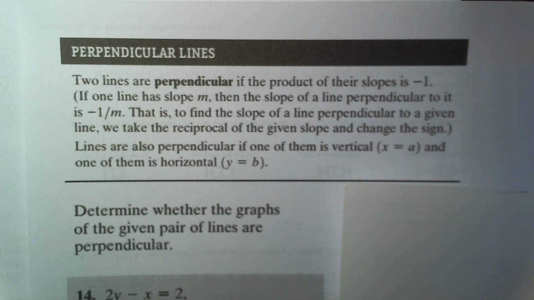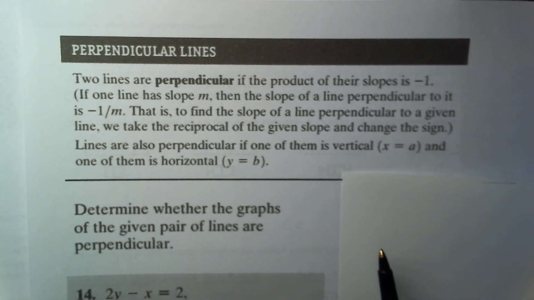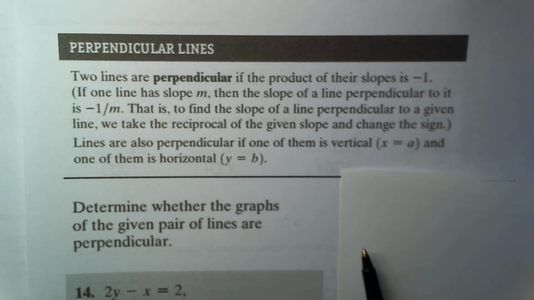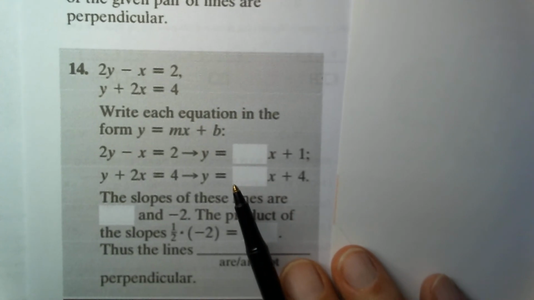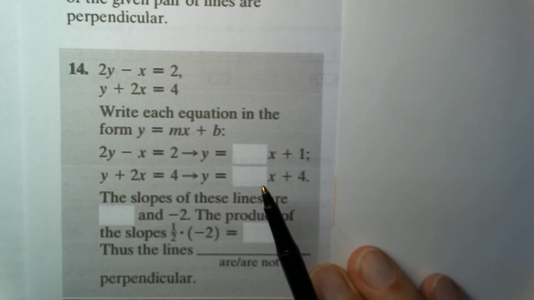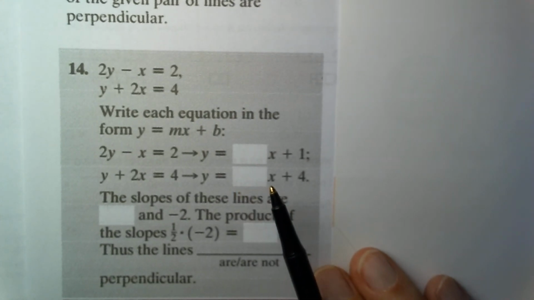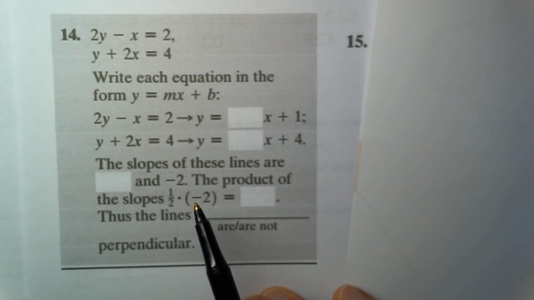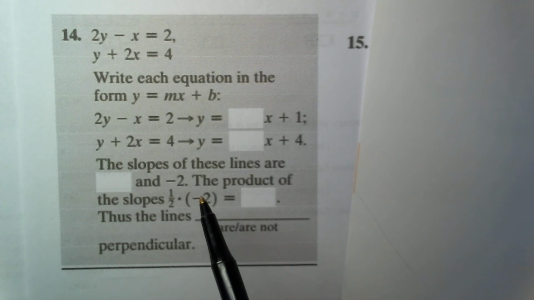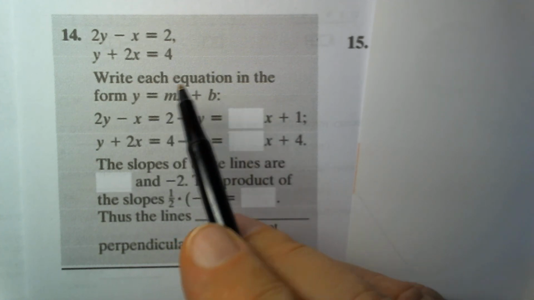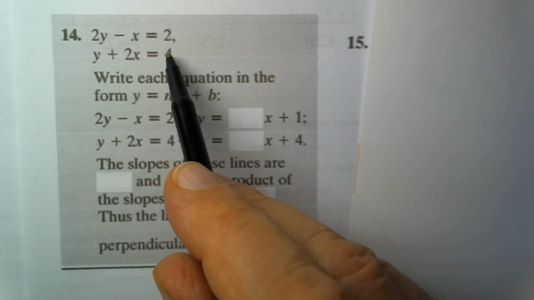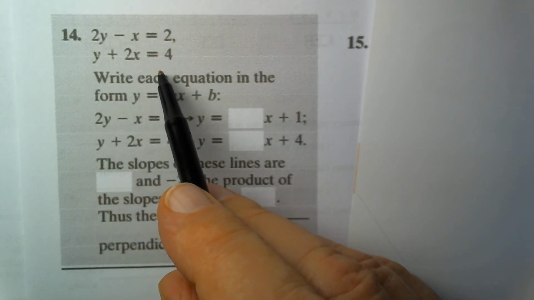So here we are supposed to find out whether the graphs of the particular pair of lines are perpendicular. So again, we want to rewrite the equations in slope-intercept form, so we can determine immediately what the slope is. So we write each equation, 2y minus x equals 2 and y plus 2x equals 4.